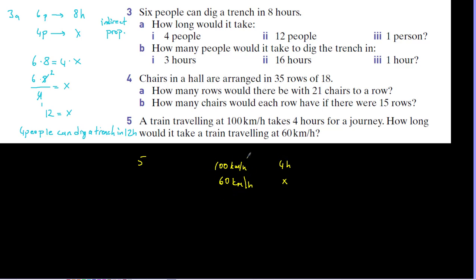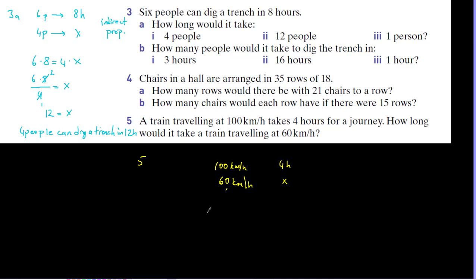Again, if we are talking about the distance, if it is 4 hours by 100 km, this is 400 km, and if you go by 60, you are going to divide 400 by 60 and find the result. But when you are decreasing the speed, you have to increase the hours, because the time that you are going to spend on the road is going to increase.